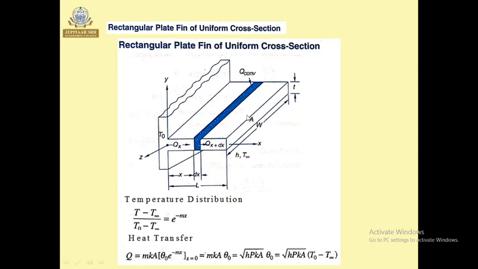heat transfer area. Now the second one is to calculate the heat transfer. Heat transfer Q is equal to mKA theta naught e power minus m x, which at the base equals mKA theta naught, which equals square root of hPKA times theta naught, which equals square root of hPKA times (T naught minus T infinity), where T naught is the base temperature and T infinity is the environment atmospheric temperature, h the heat transfer coefficient, P perimeter, K thermal conductivity and A the heat transfer area.